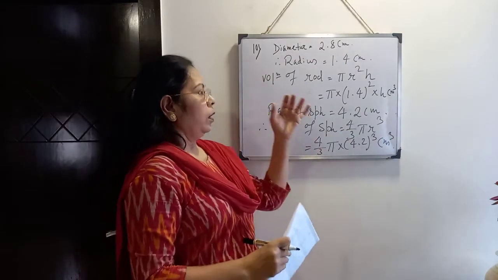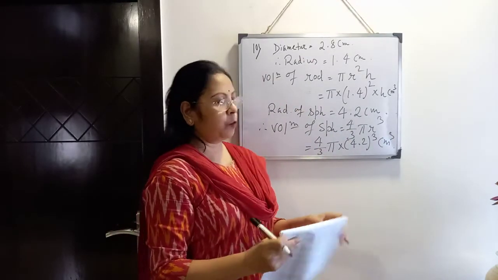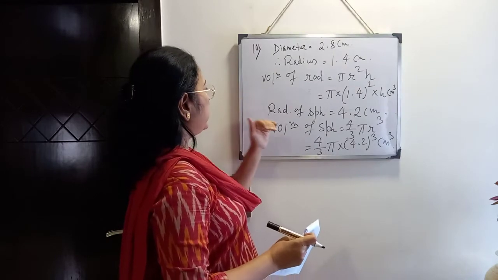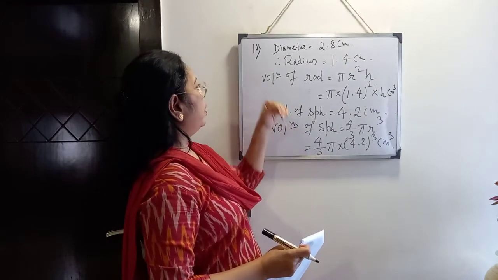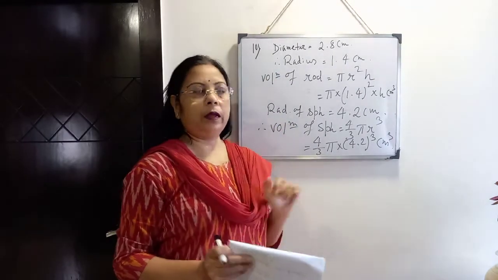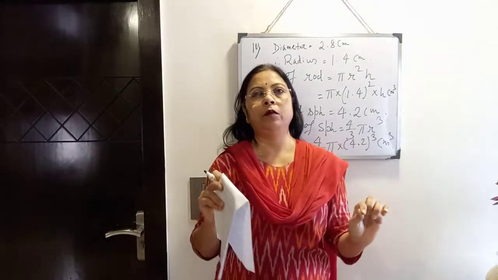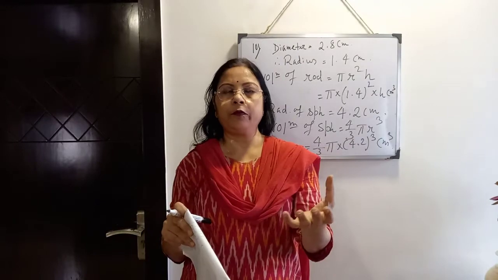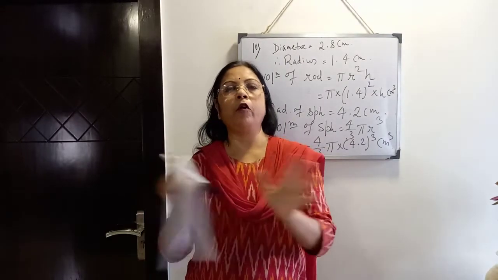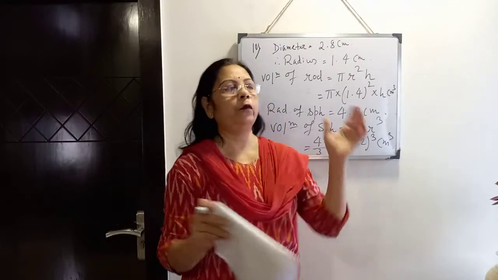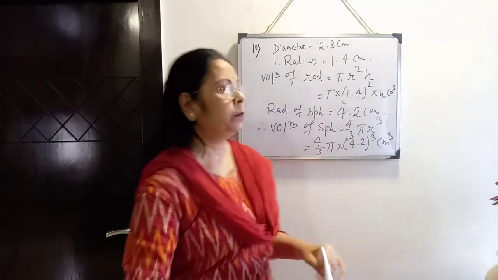So now what I have told you, that by melting the sphere, that rod is made. Clear? You have to calculate the height or length of the rod. So by melting the sphere, rod is made means their volumes are the same. So we will equate the volume.